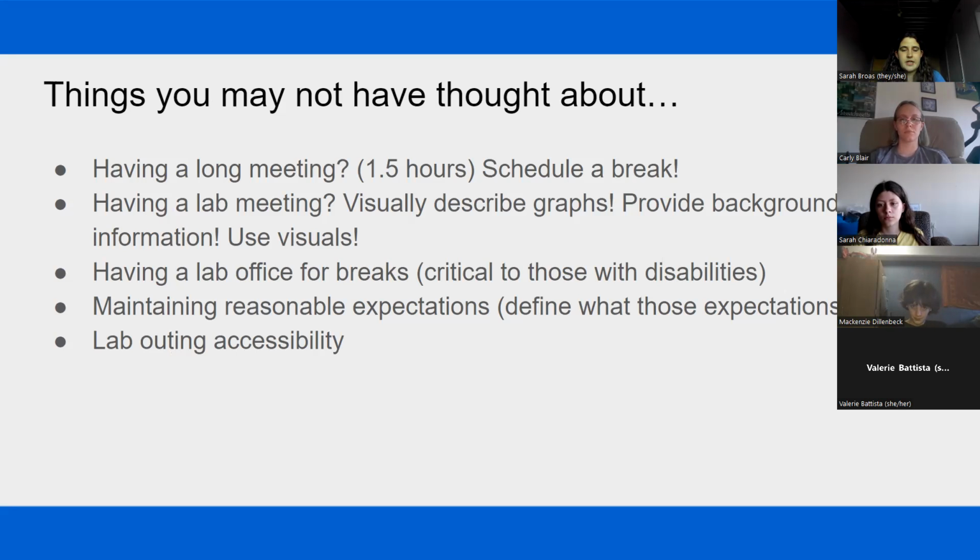If you're having a lab meeting, visually describe graphs. There might be folks who have low vision, that's true. So visually describing a graph can be important, but it's also important for folks who don't always process graphs very easily, which can be a lot of the population. It takes us all like kind of a minute to get oriented to what is the x-axis, what is the y-axis.